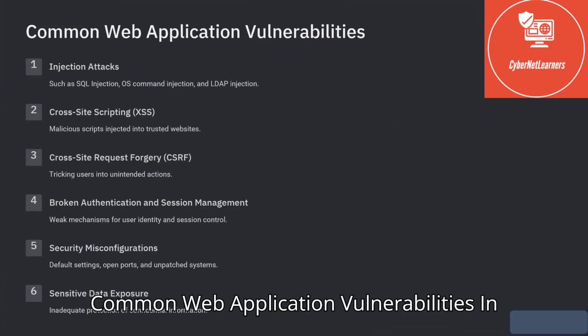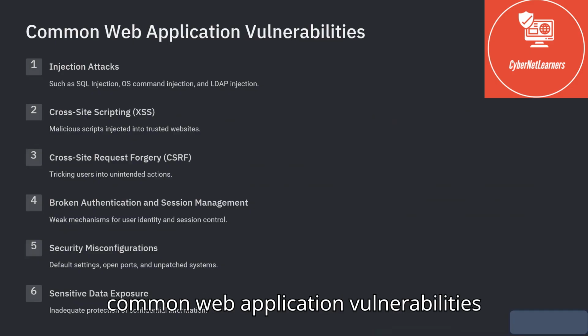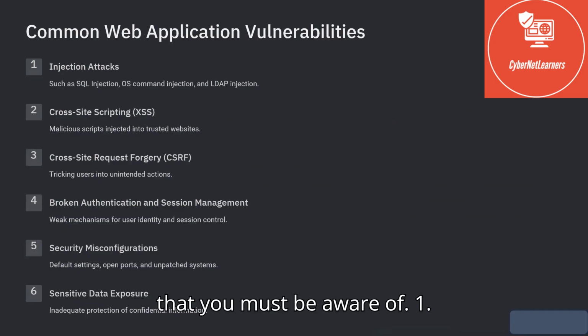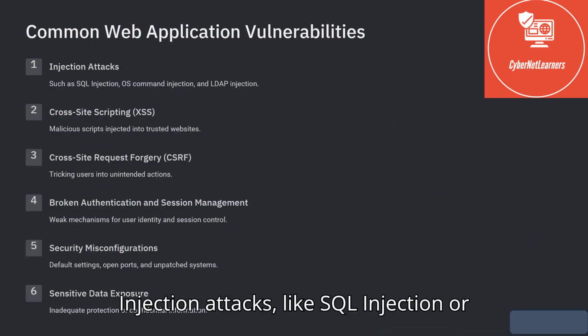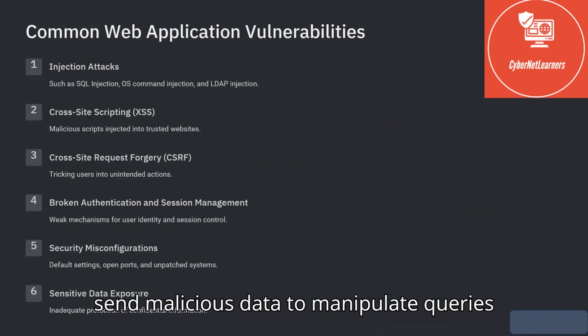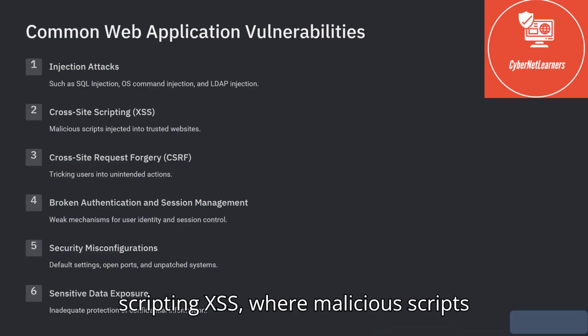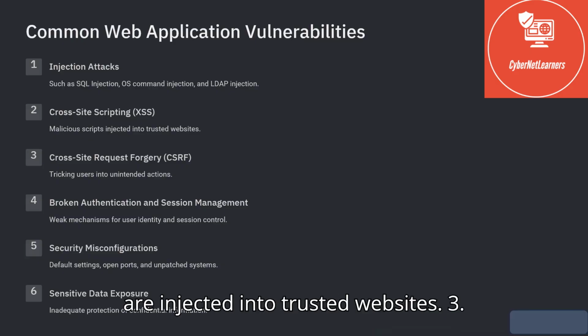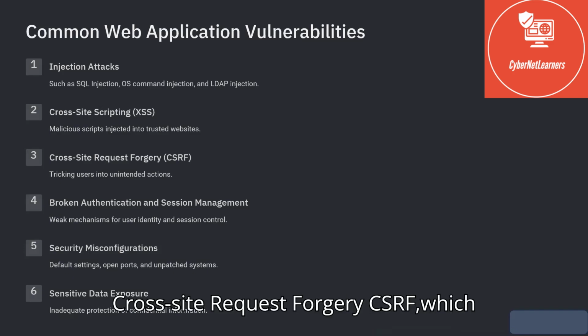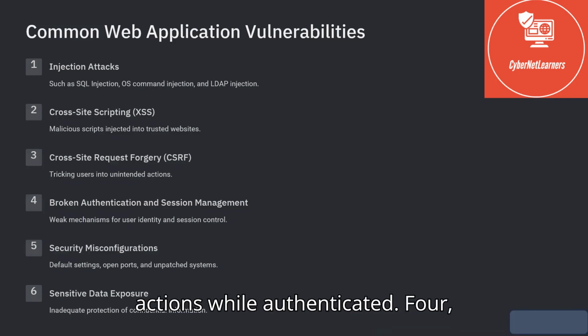Common web application vulnerabilities. In this section, we will look at the most common web application vulnerabilities that you must be aware of. 1. Injection attacks, like SQL injection or OS command injection, where attackers send malicious data to manipulate queries or commands. 2. Cross-site scripting, XSS, where malicious scripts are injected into trusted websites. 3. Cross-site request forgery, CSRF, which tricks users into performing unintended actions while authenticated. 4.